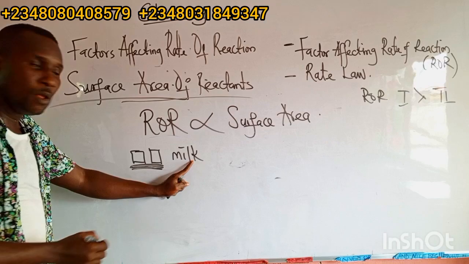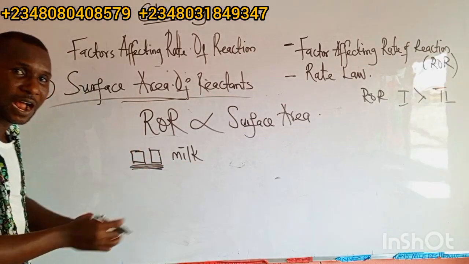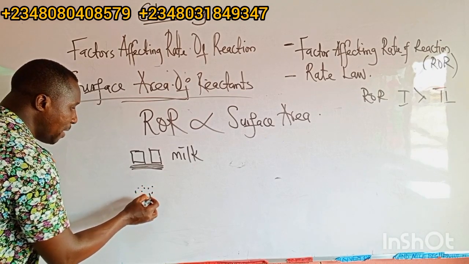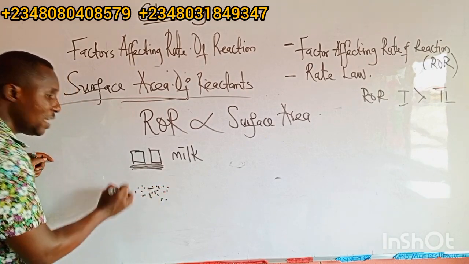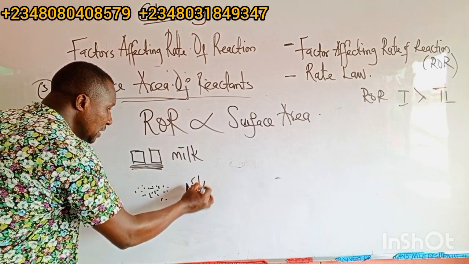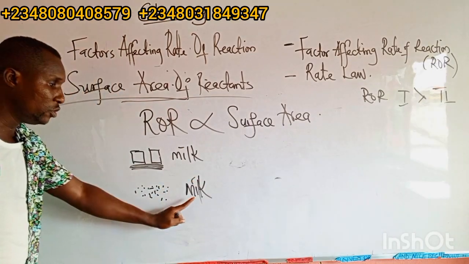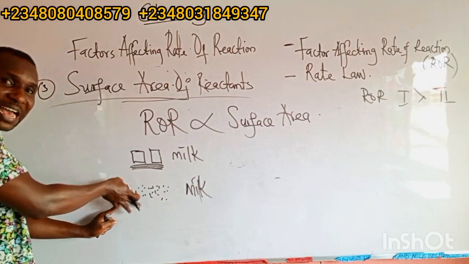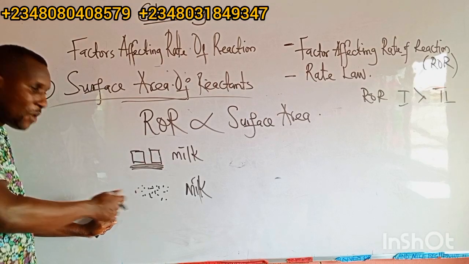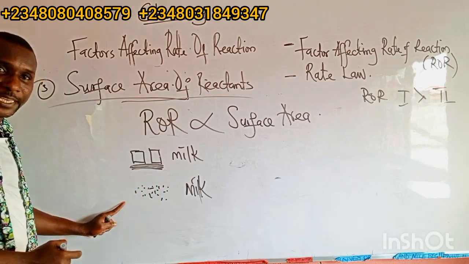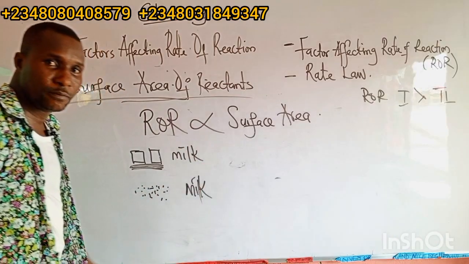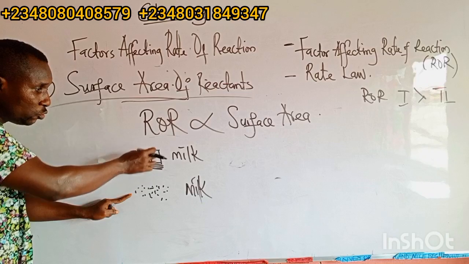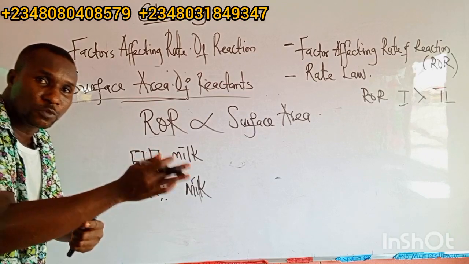But when this sugar is broken down into powder form and you pour it in milk, the time it will take the sugar to dissolve will be very small. That means this one has a higher rate of reaction than this. Why? Because the surface area has been increased by breaking it down into smaller units.